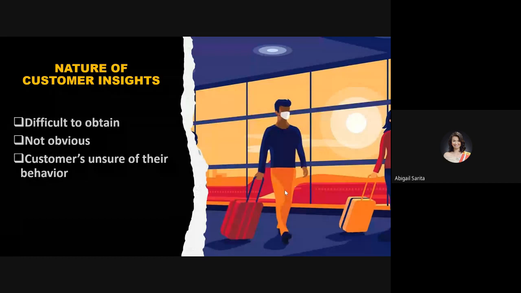Now, you are not sure about your preferences or your behavior. Hindi siya fixed or hindi siya fit dun sa una mong gusto. So, naiiba siya. That's what we call consumers unsure. Customers are unsure of their behavior.